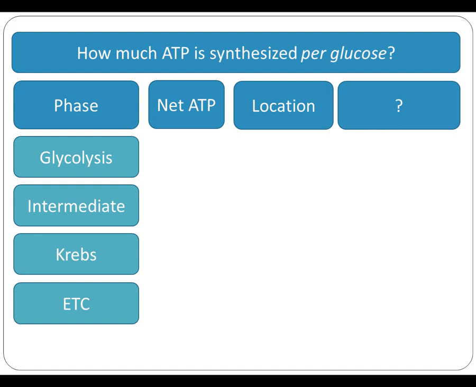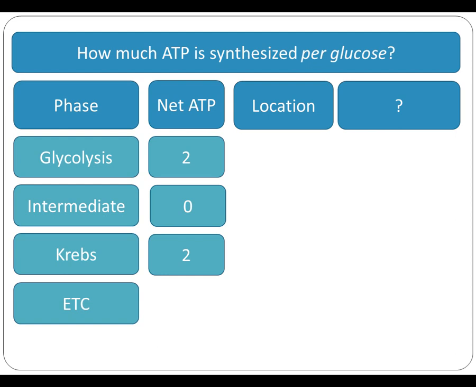Glycolysis produces for us a net of 2 molecules of ATP. The intermediate step produces 0 molecules of ATP. In the Krebs cycle, the net production of ATP is 2 molecules of ATP.